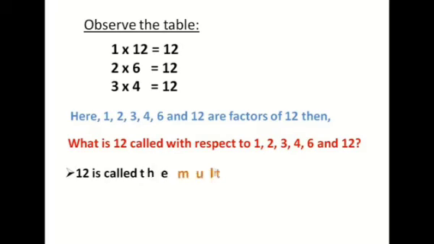Actually, 12 is called the multiple of 1, 2, 3, 4, 6 and 12. Why are we calling 12 a multiple? Because we are taking two numbers, maybe 1 and 12 or 2 and 6 or 3 and 4.